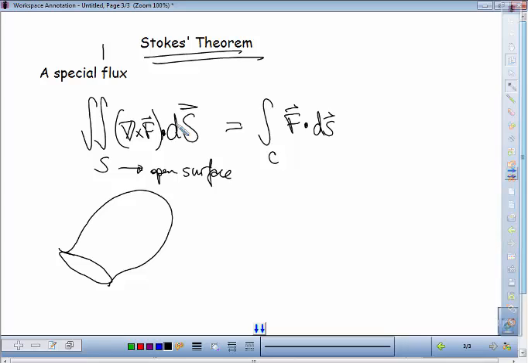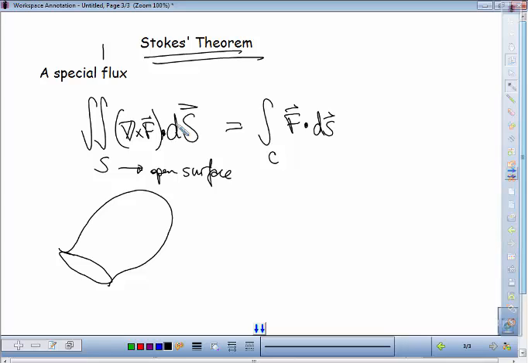What is C? What would you guess C would be? The parameterization of the line? What line? The vector? What curve? The surface? What surface? The open surface, yes.